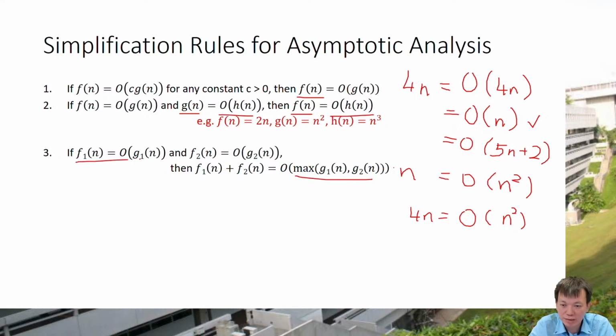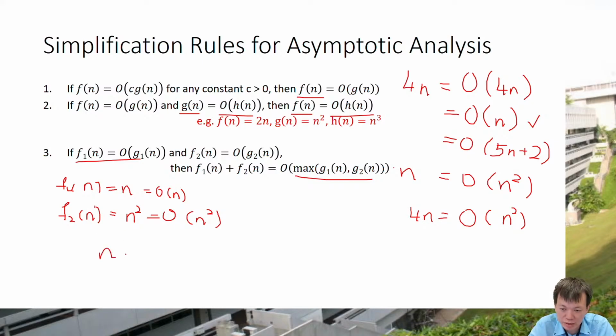If the first part runs a single for loop, f1 is n, so it's O(n), then f2 is n square, so it's O(n square). So f1 plus f2, just like you saw previously, n plus n square, is at maximum O(n square).